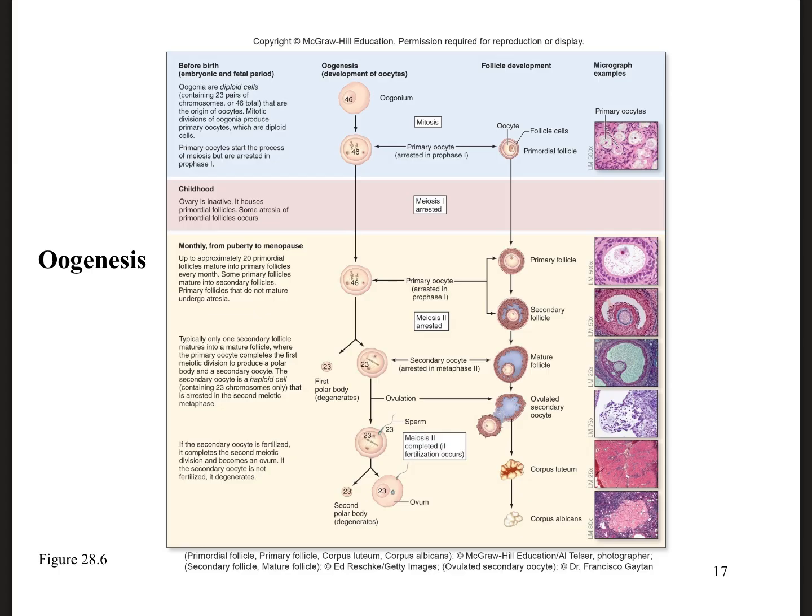Here is an outline of meiosis and the structures of the ovary, right? Oogenesis is the process of producing the oocyte. It is meiosis, and meiosis starts with a diploid cell and should end with 4 haploid cells. However, in the production of an oocyte, that doesn't happen.